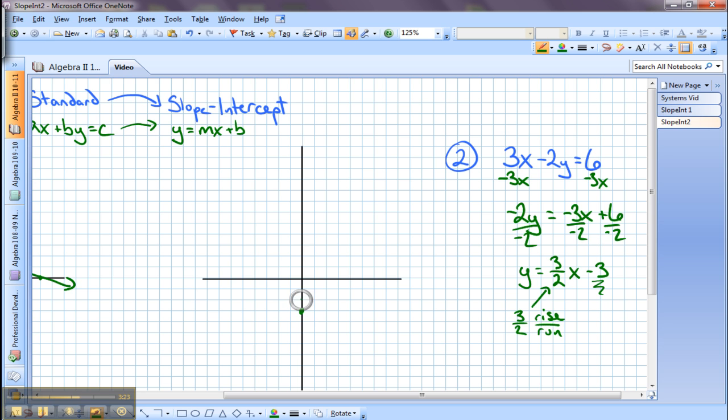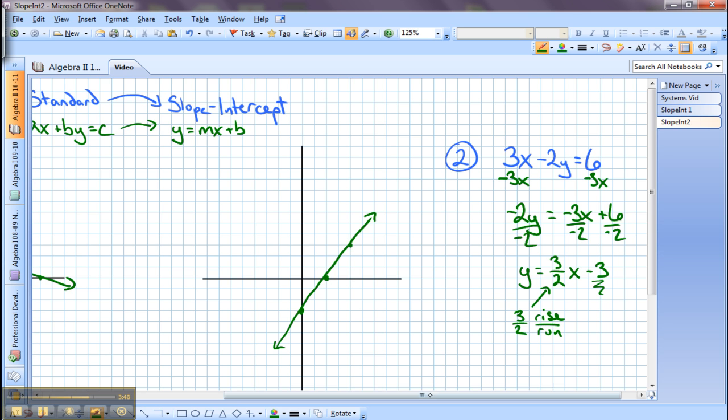So that would be up 1, 2, 3, and to the right 1, 2. If we wanted to do that again, up 1, 2, 3, and to the right 1, 2. Once we have our points, we can draw our line. Notice that this line is increasing and our slope is positive.